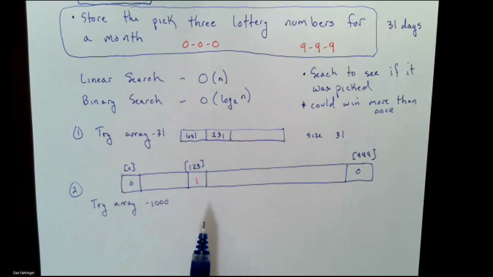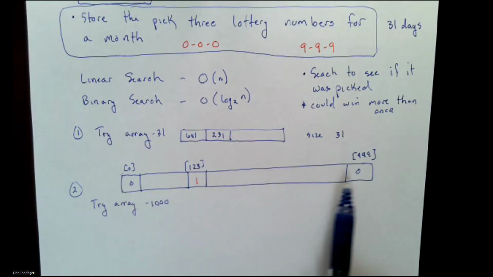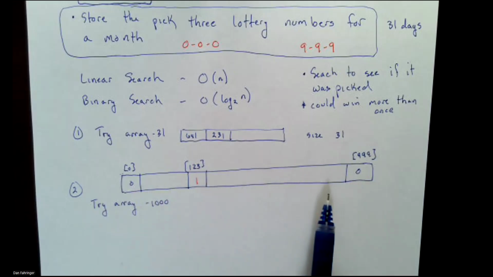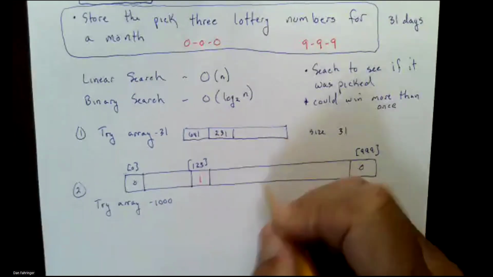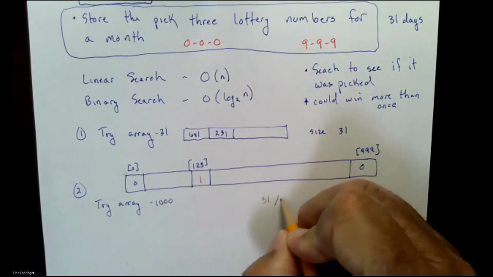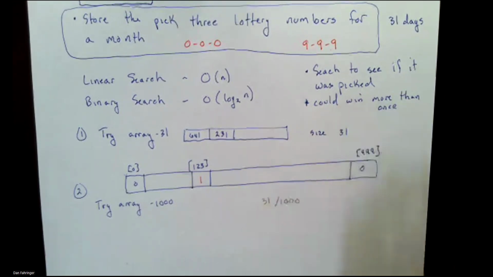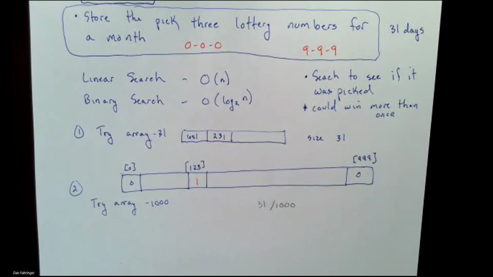This second one, I have a good search, but man, if I'm only using 31 days, I'm using 31 out of 1,000 spots. How much wasted memory do I have? 960.